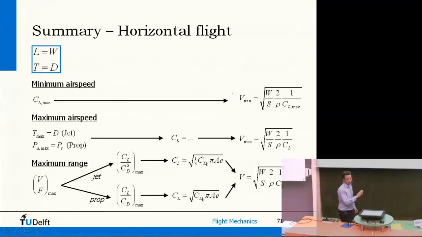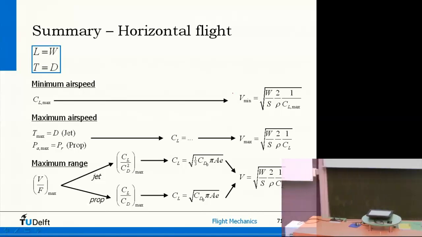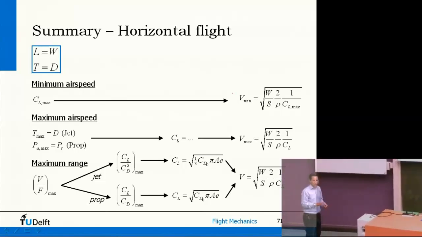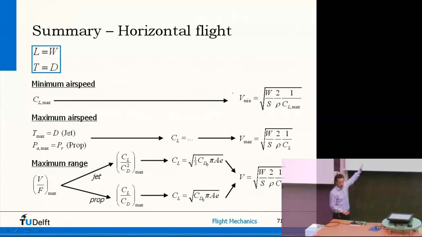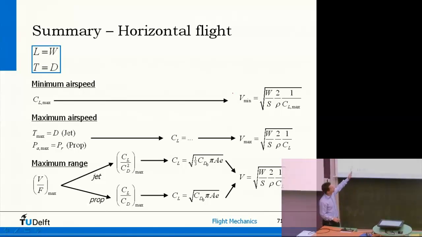And then these two sheets are just for if you try to solve questions. Maybe it seems confusing, all these formulas, but you have to realize that you always do 3 steps. Okay? You want to optimize something like range or maybe airspeed or endurance.